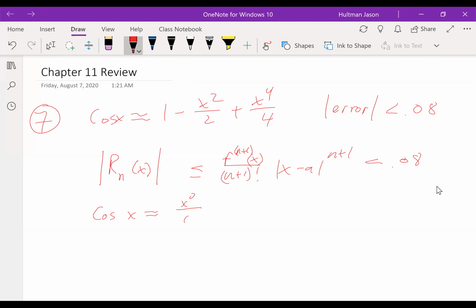Right, that's what 1 is. Plus 0 times x to the first over 1 factorial, minus x squared over 2 factorial. And this is 4 factorial, I'm sorry. Yeah, those should be factorials.